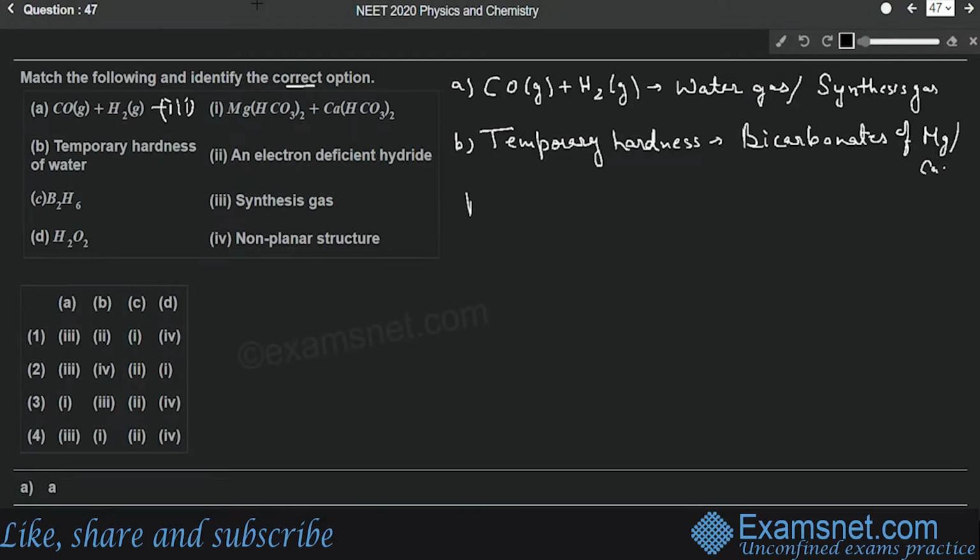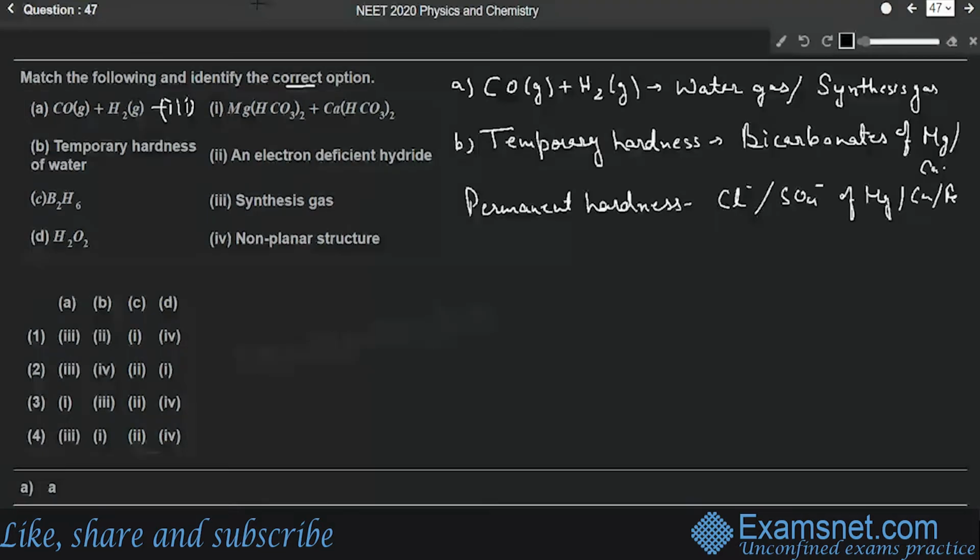On the other hand, if we talk about the permanent hardness of water, then what are the compounds involved? The compounds are chlorides or sulfates of magnesium, calcium, iron, etc. Okay, and these cannot be removed by boiling. So the correct match for B will be number 1.